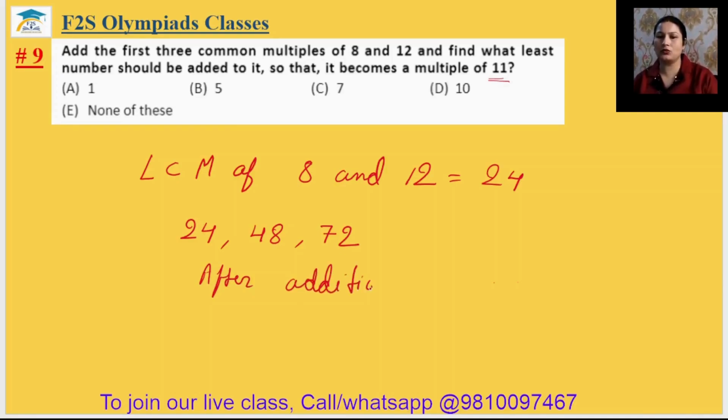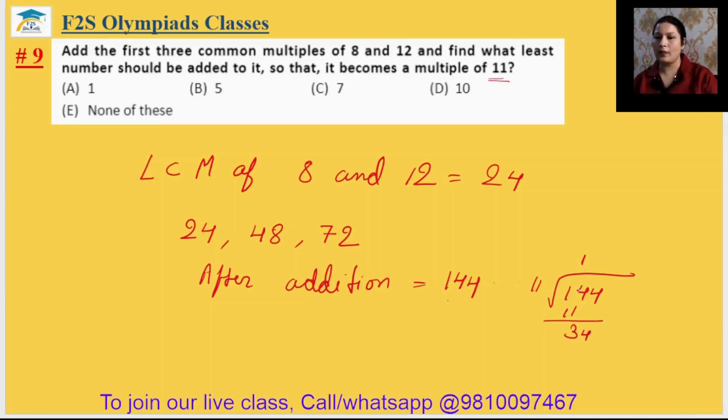After addition of these three, you will get 144. So which number will we add to 144 so that it can be completely divided by 11? Just divide 144 by 11. 11 ones are 11.